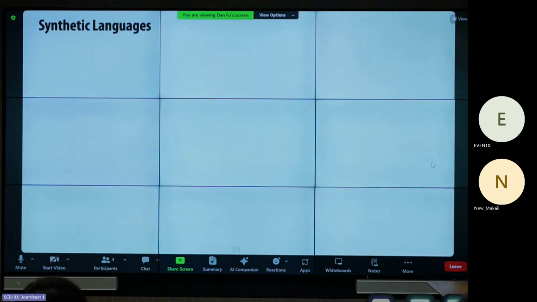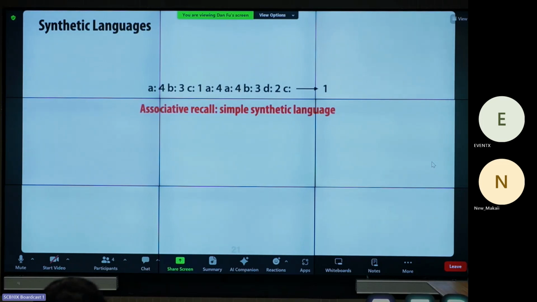The way we understood that gap is we looked at some synthetic languages. If you remember that Barack Obama sentence from earlier, a really simple version of that is: in order to figure out which data we're talking about, we need to be able to go back and recall tokens from earlier in the sentence. The simplest possible language that we could come up with was this thing called associative recall. The way it works is you have these keys, letters and numbers, and they have associations. For each different sentence, there's a different mapping between the letters and the numbers.